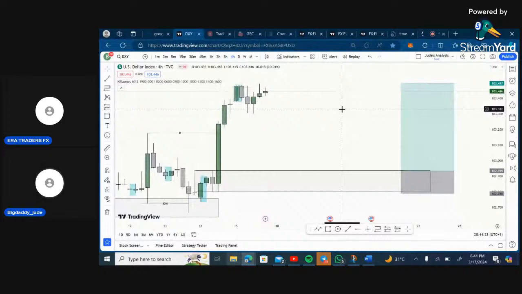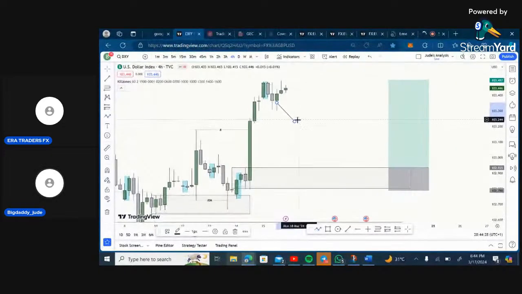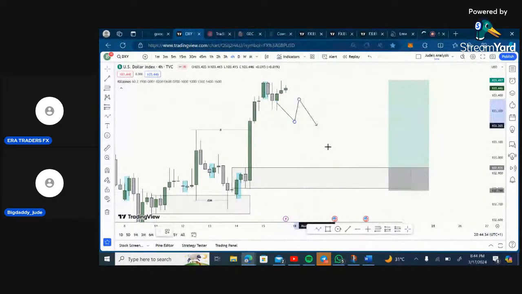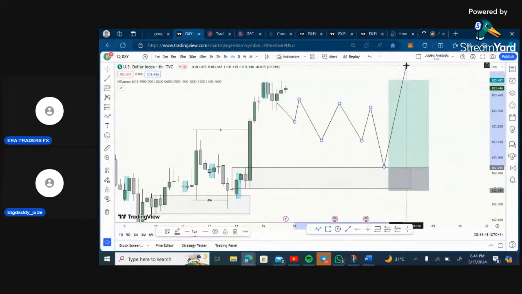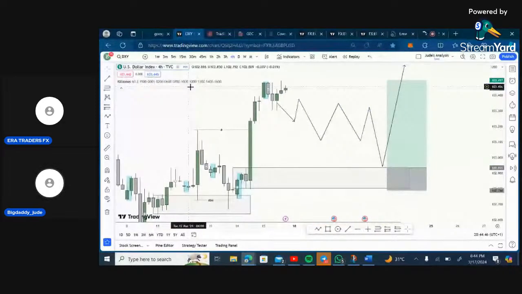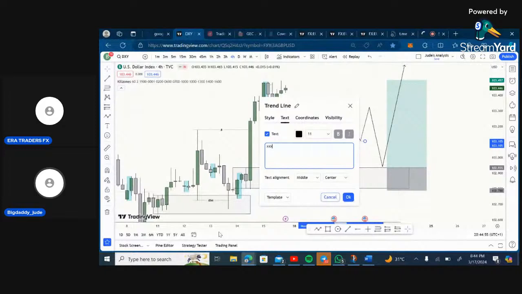You're expecting price to give a series of retracements, then tap into this zone and go bullish to give us the next break of structure. All of this will be marked as liquidity build up around this zone.